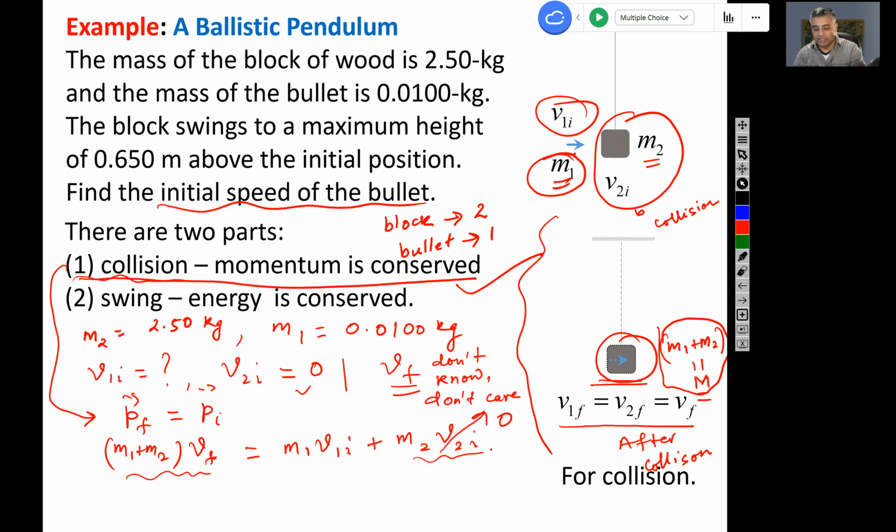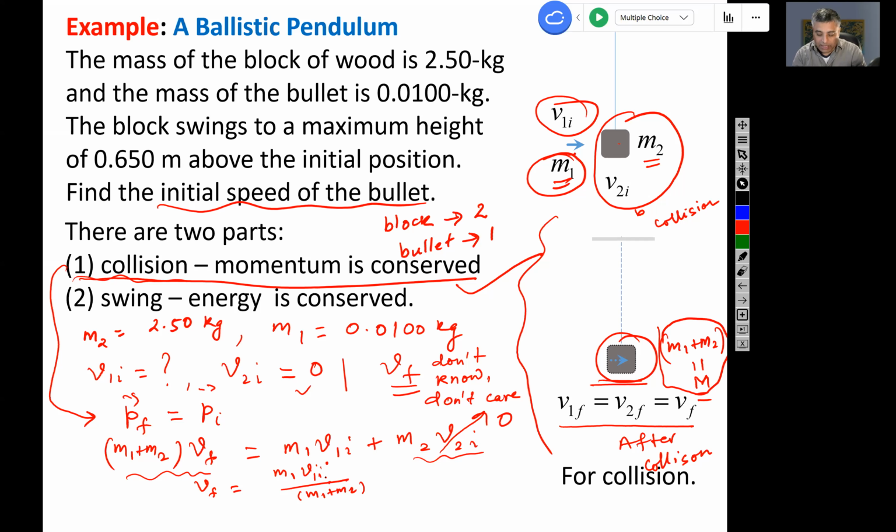Means this term is 0. So what do I know then? I know VF is M1 V1i over M1 plus M2.